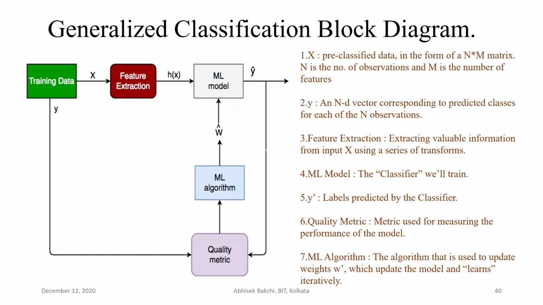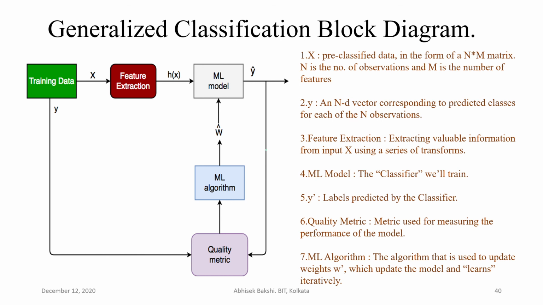So the actual algorithm is given over here. It's not yet an algorithm, it's in a flowchart state. We will see it in the form of an algorithm in future. So what is given? We have a training data set containing a lot of patterns. The feature extraction happens from the pattern and it is fed into the ML model.